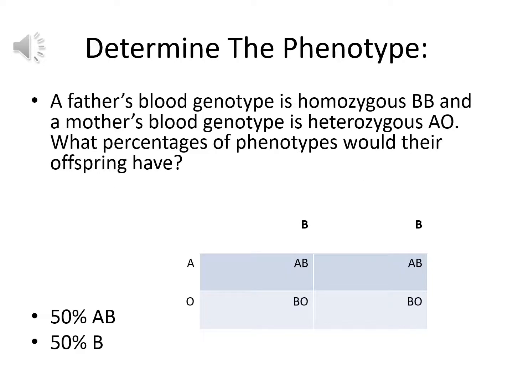Okay, so in the bottom of the screen, hopefully you arrived at a similar, hopefully the same, Punnett square. So the A from mom and the B from dad could pair up as AB for either of those B's that dad gives along with mom's A. For the O example, mom could give her O to pair with either B from dad, and we get a heterozygous type B offspring.